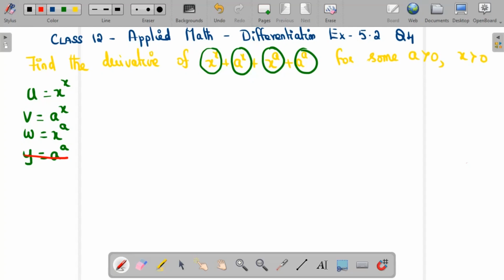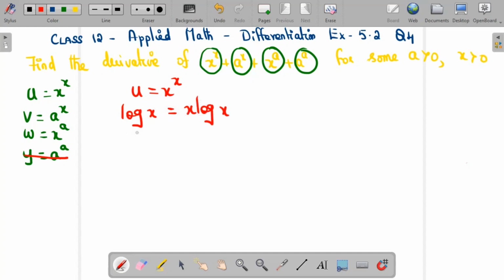Now let's calculate the differentiation of u, v and w as we have named them, and then we can combine them. So first let's start with u. So u is going to be x power x, so taking log on both sides, log u is equal to x log x.